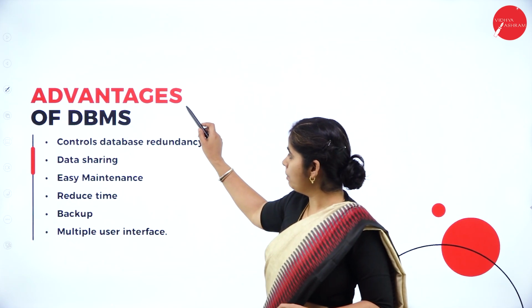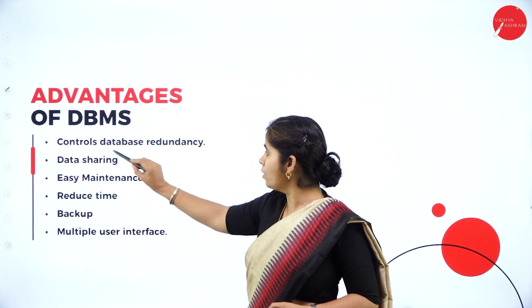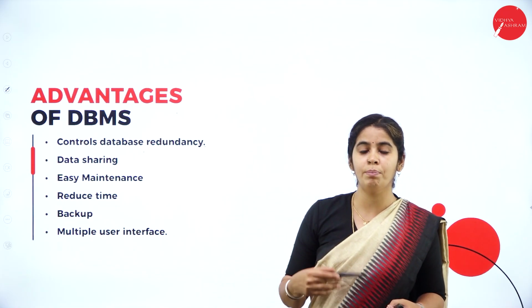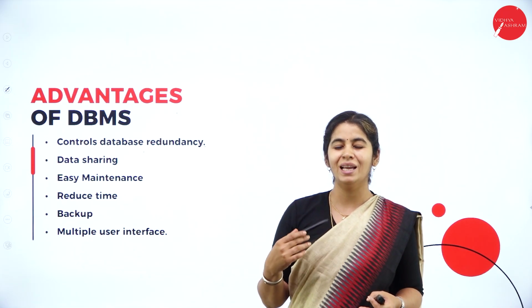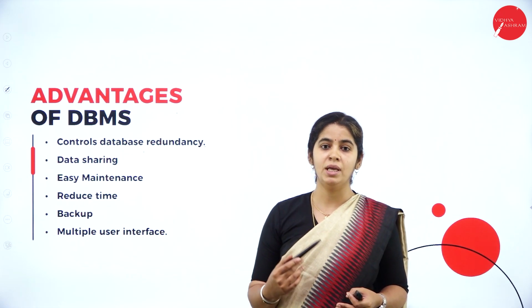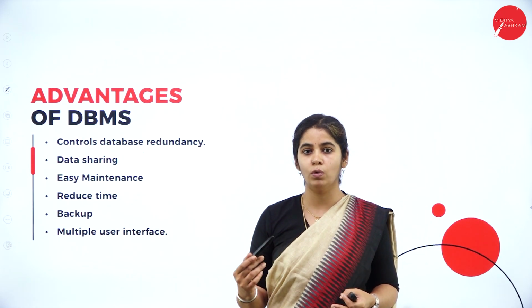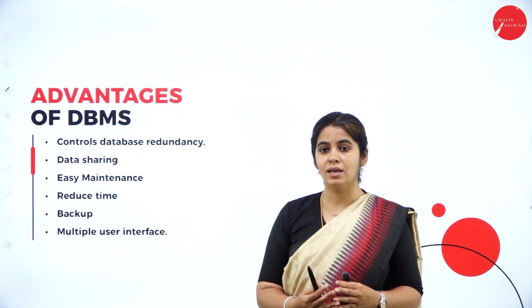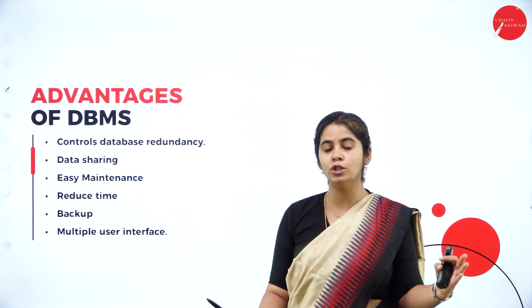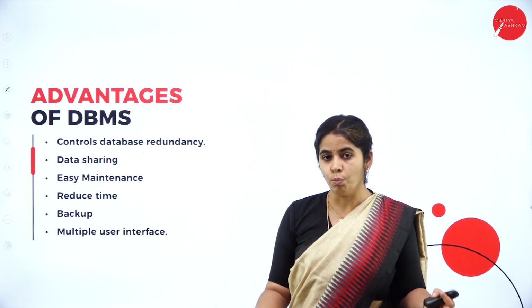Using a database management system, we can control the database redundancy. Redundancy means repetition, or replicating the same data more than one time. What happens if you replicate the same data more than one time? The database size will be large, and the memory needed to hold that database will be more.